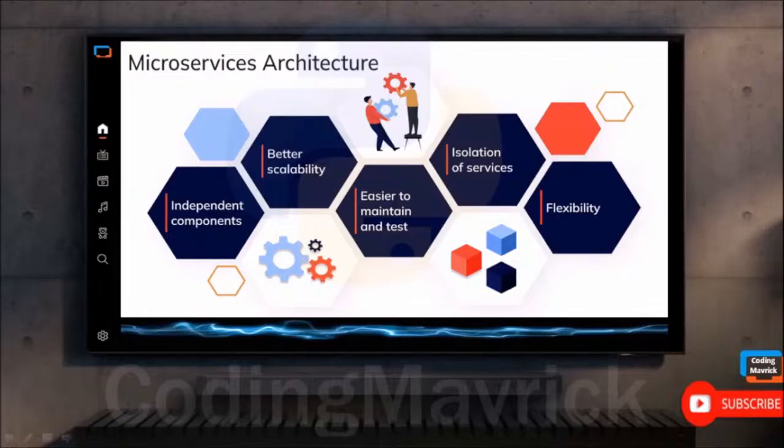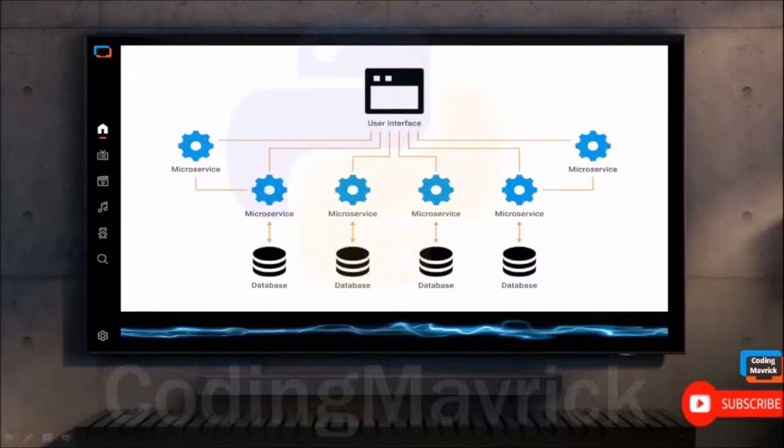Now viewers, just imagine that instead of one massive system, we split our application into small, independent services, each responsible for a single function. For example, a user service handles sign up, login, and authentication only. A product service manages catalog data and inventory.